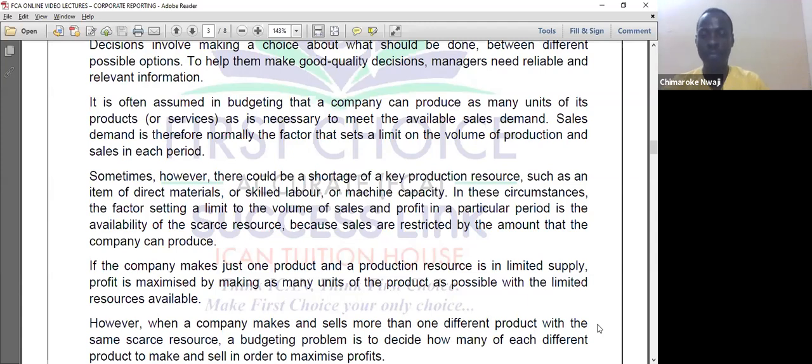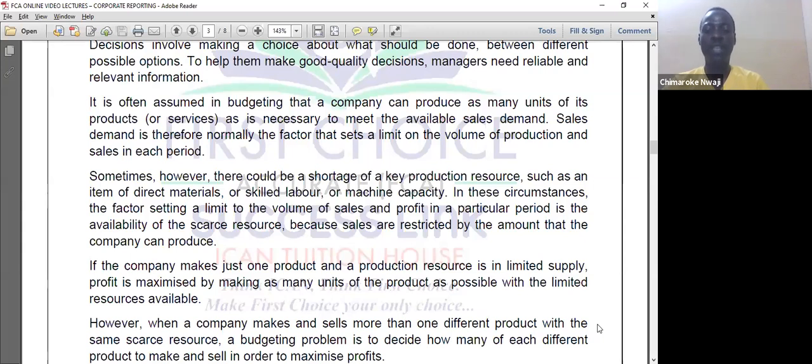Let's say your customers have ordered 500 loaves of bread and your labor supply can only give you 300. Then go ahead and do the 300. That is as much as you can do. That is just one product.